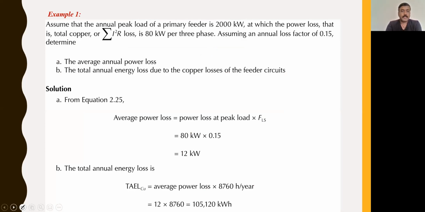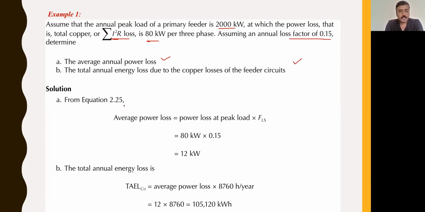By taking a simple example here, assume the annual peak load of a primary feeder is about 2000 kilowatts, at which the power loss, that is the copper loss or sum of I square R losses, is given as 80 kilowatts for 3 phases. Now assuming an annual loss factor of 0.15, the problem is to determine the average annual power loss and the total annual energy loss due to the copper losses at the feeder circuit.